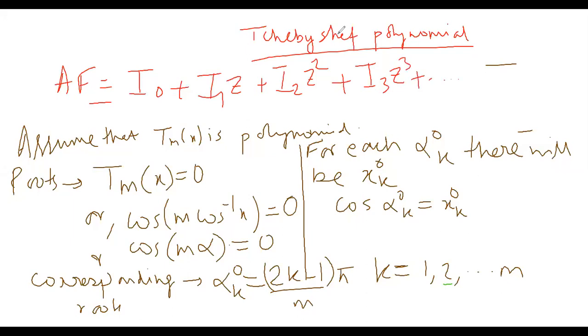Clear? And what is this z? Z is equal to e to the power j psi. We have to find this array factor. Till now we found only this x. We have not found this z. Keep that in mind.